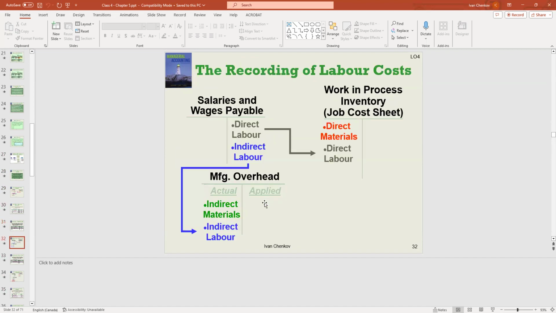Next, we're going to use the labor. We're going to get direct labor from the wages payable, and we're going to get the indirect labor from the wages payable. Direct labor, we're going to put in the work in process on our job cost sheet, whereas the indirect labor we're going to put temporarily on the manufacturing overhead account under the debit side for the actual cost.